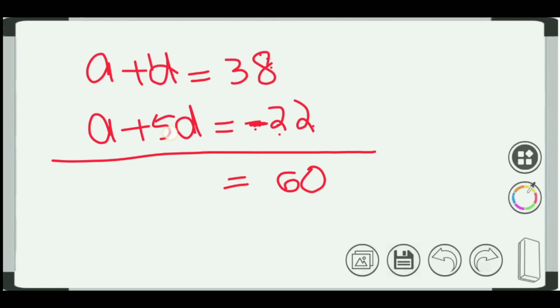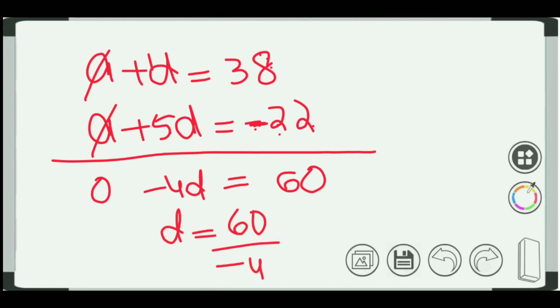One minus 5, what is 1 minus 5? Minus 4D. A got cancelled. D is equal to 60 divided by minus 4. What is 60 divided by 4? 15. One minus is there, so minus 15. Okay, now you got the value of D.